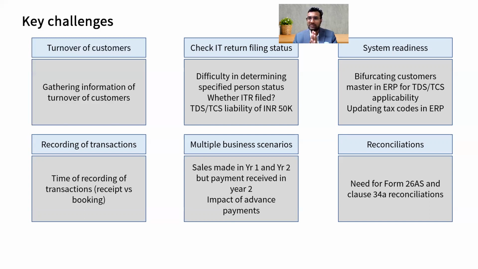The intent of the government is to trace and track any kind of transaction happening between the buyer and the seller, which were otherwise not coming under the purview of the government, and then make some revenue on this.